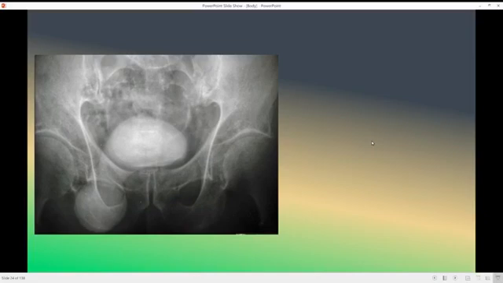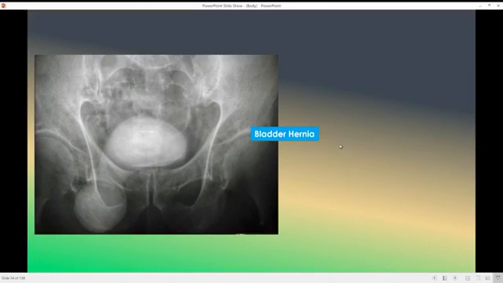This is a male patient. What do you think? So this is a male patient, and we have a urinary bladder hernia, an inguinal hernia, a urinary bladder inguinal hernia, indirect one.